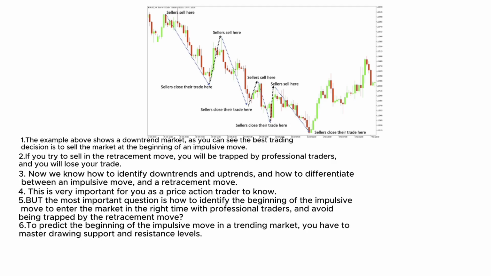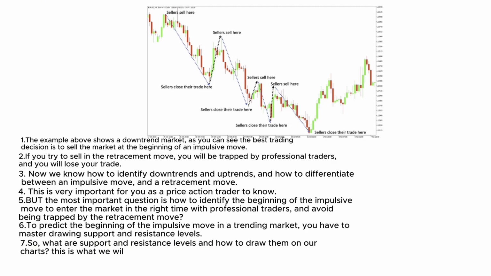To predict the beginning of the impulsive move in a trending market, you have to master drawing support and resistance levels. So, what are support and resistance levels and how to draw them on our charts? This is what we will see in the next chapter.